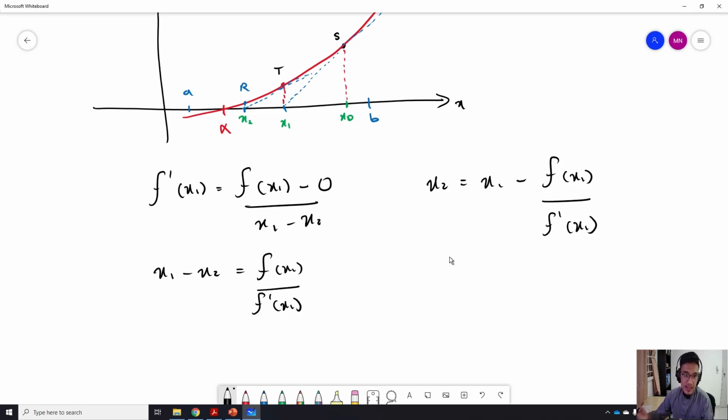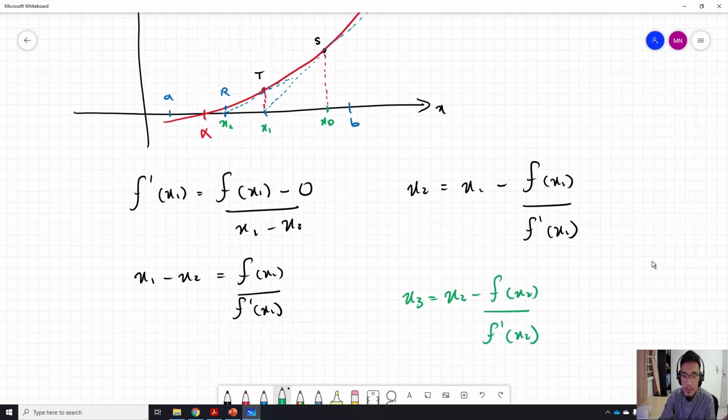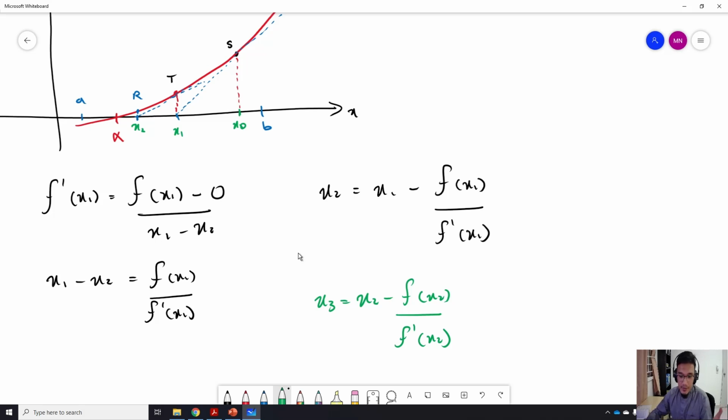So the equation of x3 will become x3 equals x2 minus f(x2) over f prime (x2). So x3 will give us a much better approximation of the value of alpha.